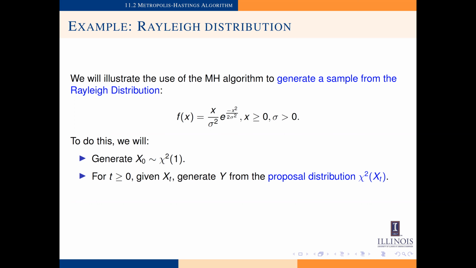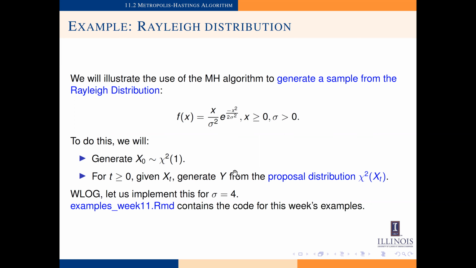You can see that in this case, we chose the chi-square distribution as the proposal distribution, and depending on the last xt, we will use different degrees of freedom when we generate the y. Without loss of generality, let us implement this MH sampler for the Rayleigh distribution with sigma equals 4. You can find the code for this week's examples in the examples week 11 markdown file.